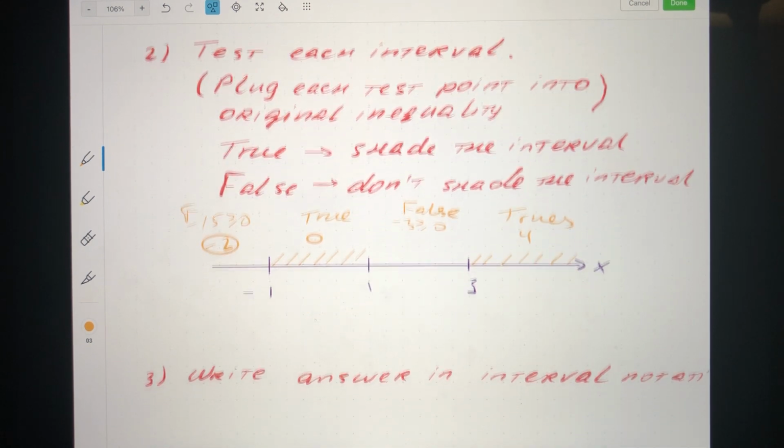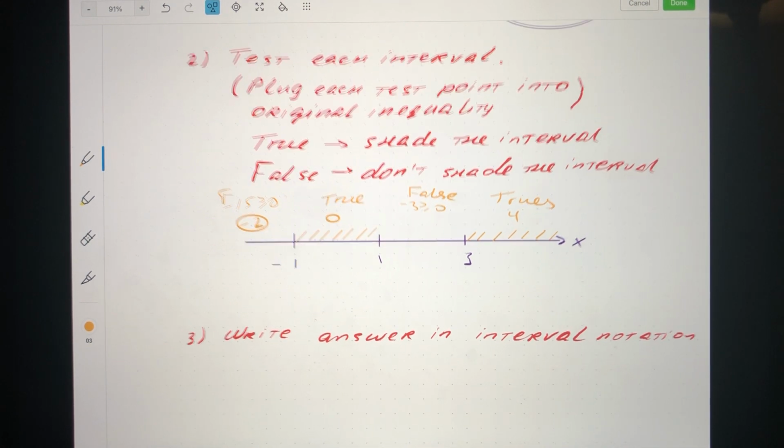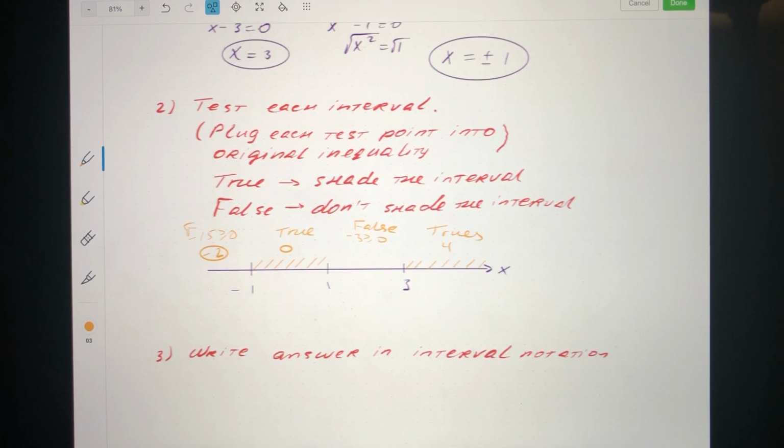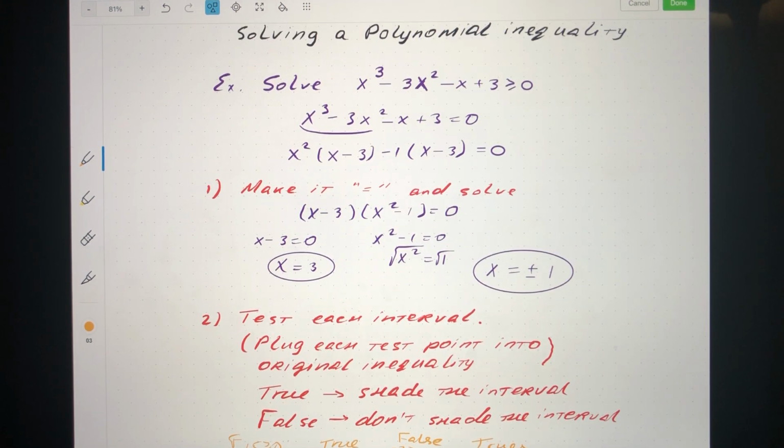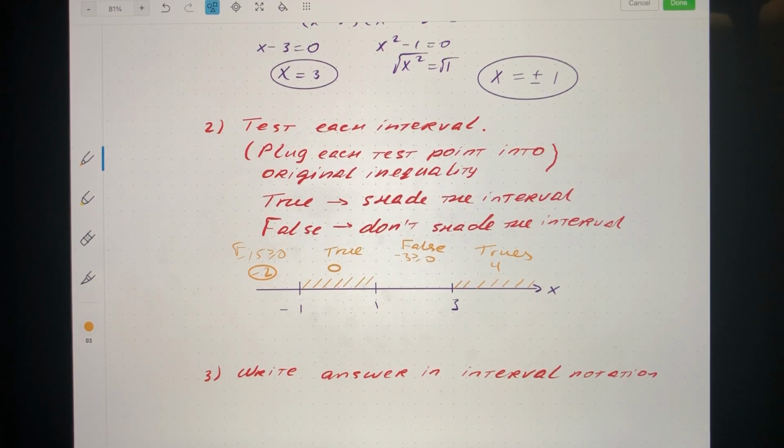And the last step is now we write the answer in interval notation. So since in the original inequality we had an equal sign, each time we have an equal sign, we use a bracket. And when we don't have an equal sign or we have infinity, we use parentheses. So we did have an equal sign, so we have brackets.